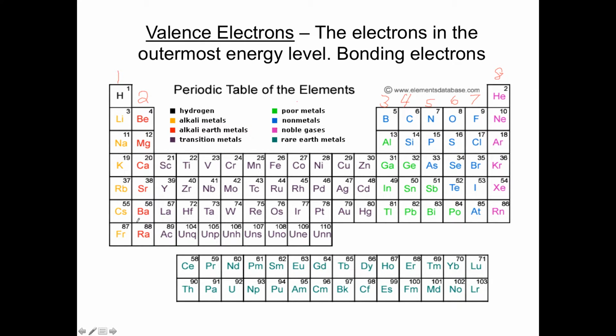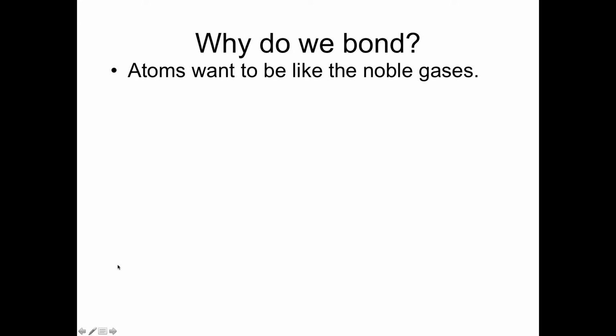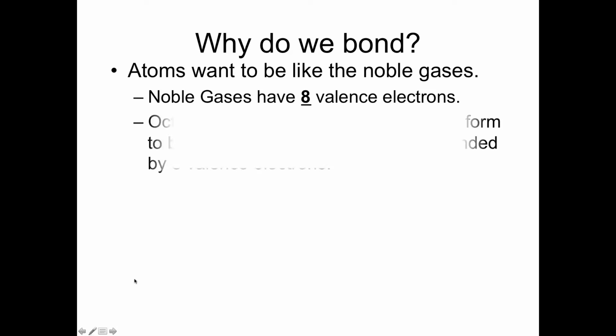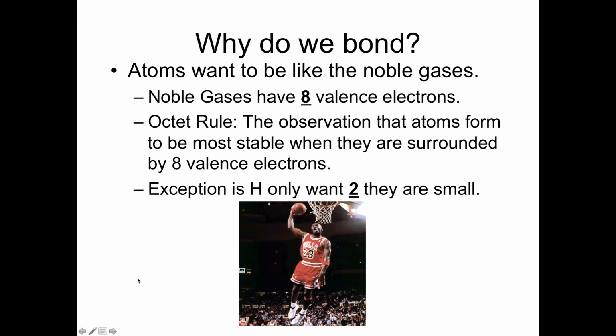Now, what's the point of having 8 valence electrons? Well, I have this analogy here, and it might be a little old, I don't know, but there used to be a phrase, "I want to be like Mike," like you want to be like Michael Jordan, and they had a shoe commercial.